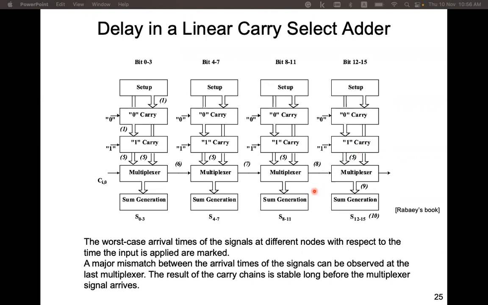And this is not the optimal selection. And this is intrinsic if we have this even block size, the same block size. You must have this property. At the last stage, the multiplexer selection signal arrives later than these 2 inputs of the multiplexer.